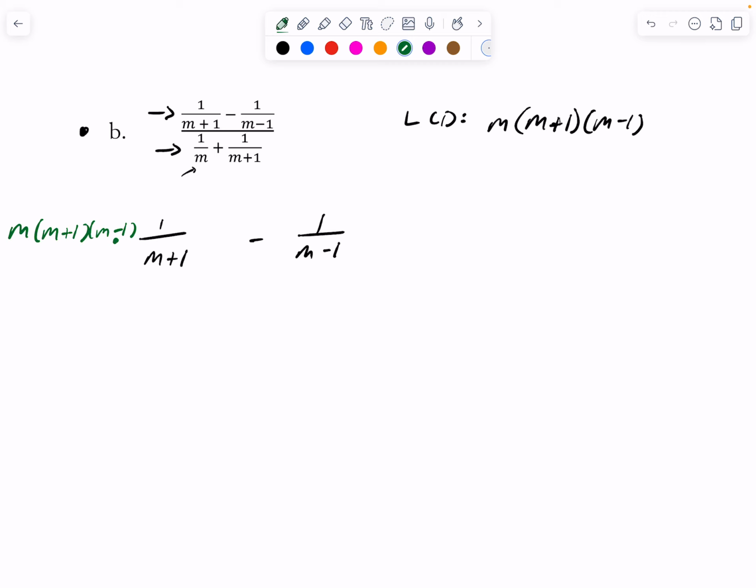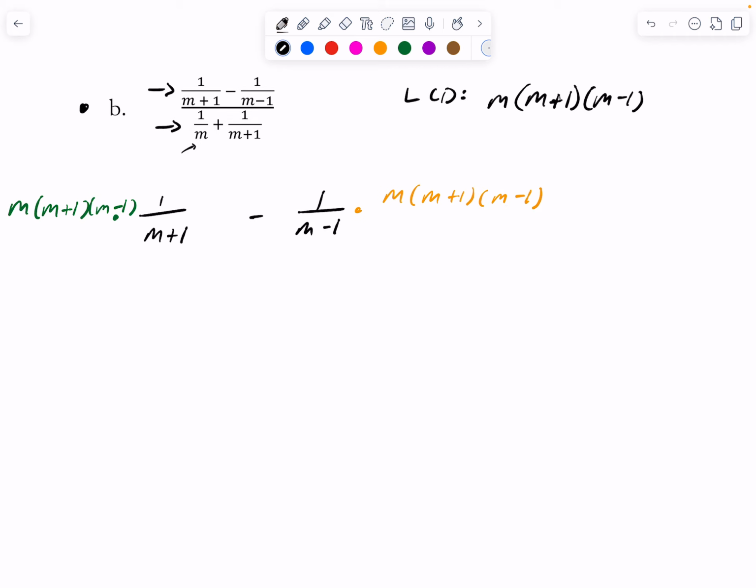So that is different. We haven't done this yet. So every single one is going to multiply each numerator by everything. All right, and then the 1 over m also is going to be multiplied by everything. And then last but not least, we have the 1 over m plus 1 multiplied by everything.